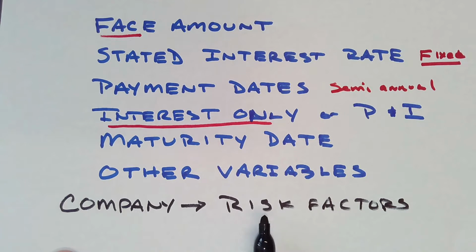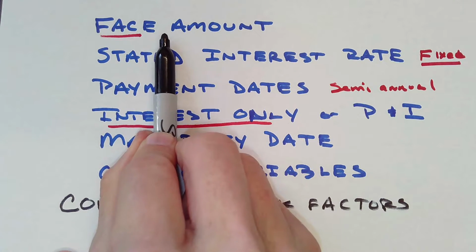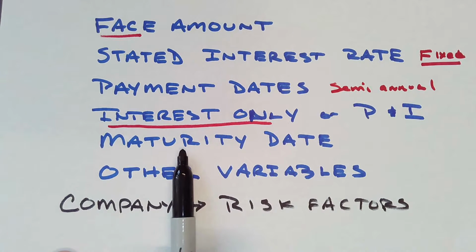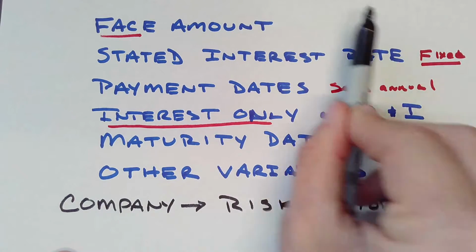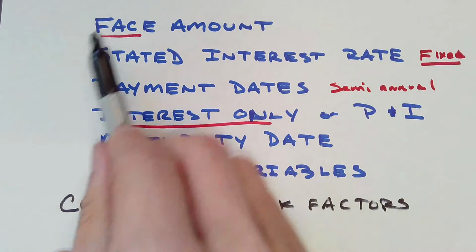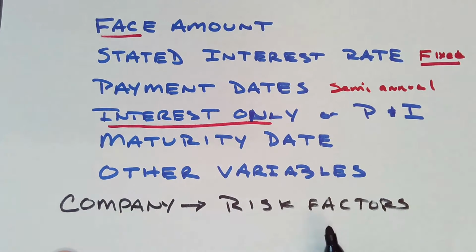Because as the investor, I've got to evaluate risk about the company. Well, are they going to be able to pay me this face amount at maturity date? Are they going to be able to pay me this stated interest rate? What's the default risk? Is there an industry level risk?